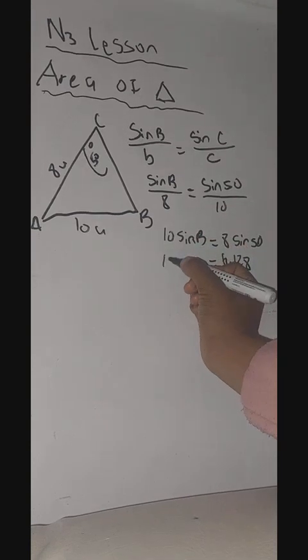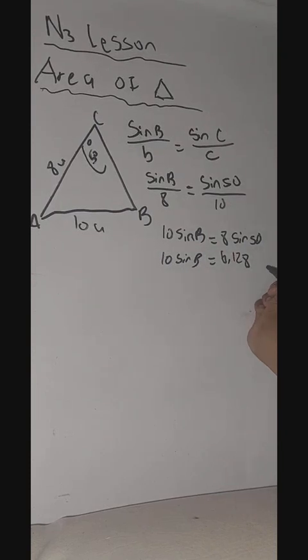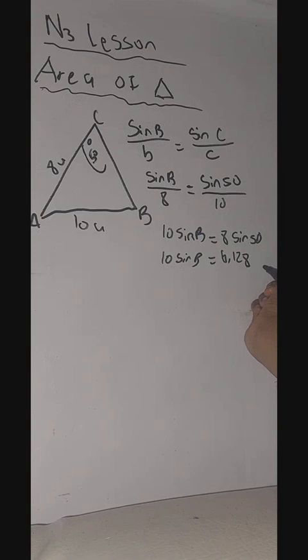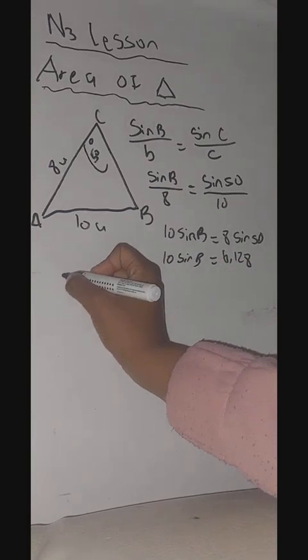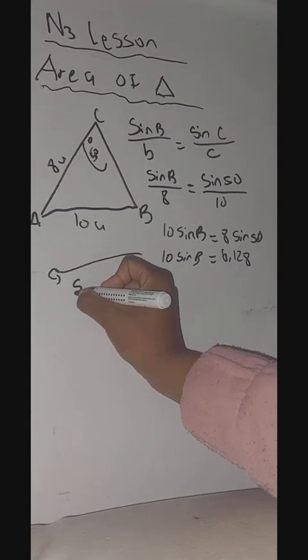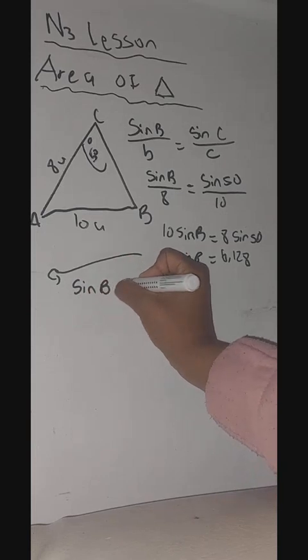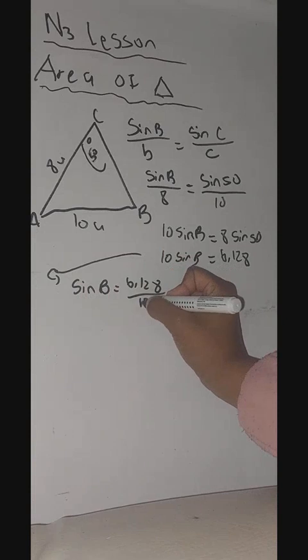And this is 10 sine B. So to solve for sine B, we want to divide by 10. Sine B is going to be 6.128 divided by 10.